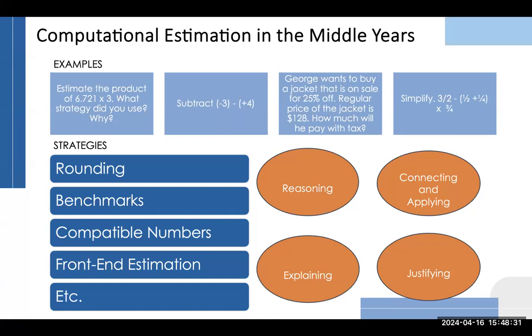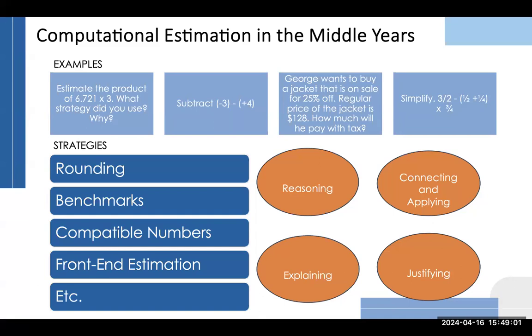And we want students to be able to think about what makes sense when they're actually interacting with customer service, and are they getting the exact change they need? Did they actually calculate the discount properly before they paid? And the next is really to think about when they're working with fractions and order of operations with fractions, does their answer make sense?